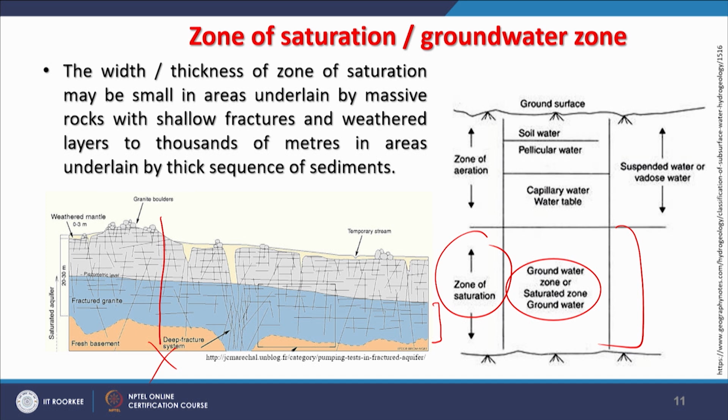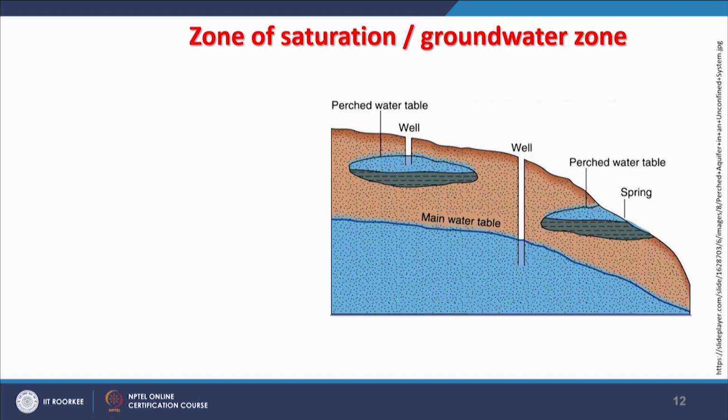So, if I want water, then either I should go to here or remain here, then I will get water. I should strike only the zone of saturation, then I will get the water in my tube well. Otherwise, if I go deeper, it does not always mean more water. This is the point which I wanted to bring here at this stage.